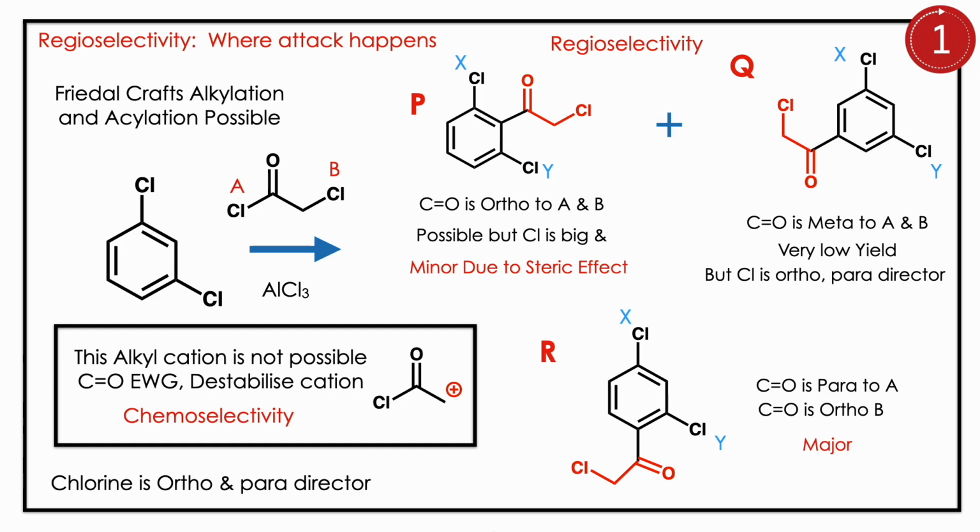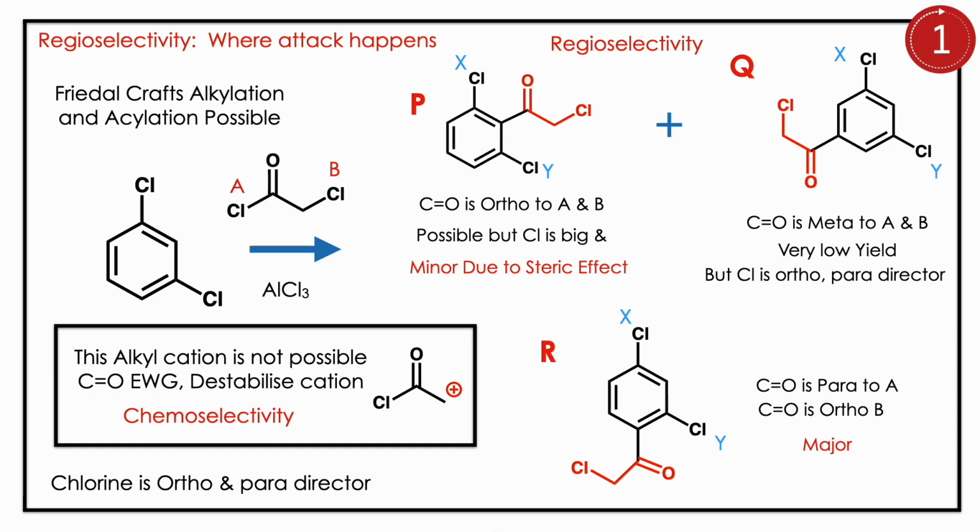Chemoselectivity is not possible because the cation formed by chlorine removal is unstable, which is B chlorine. So only A chlorine removal is possible. If A chlorine is removed, you have an acyl cation. Where the acyl cation attacks is called regioselectivity here, ortho, meta, para, or ortho to which chlorine. Here three types of products are possible, P, Q, R.